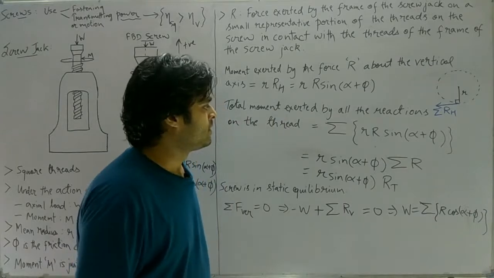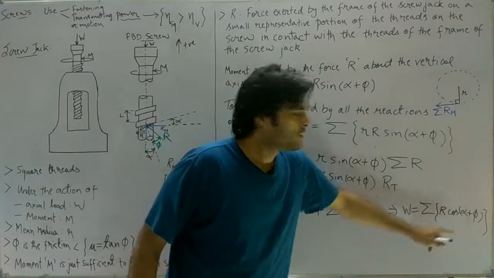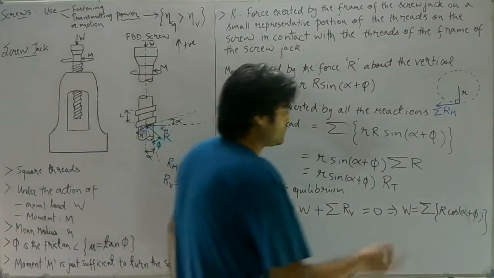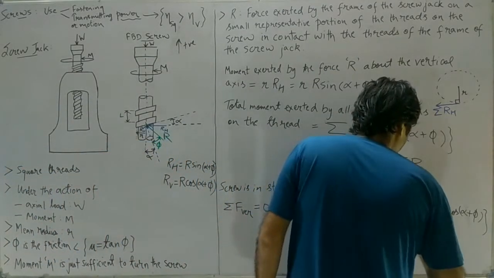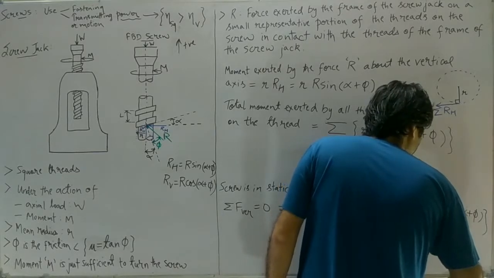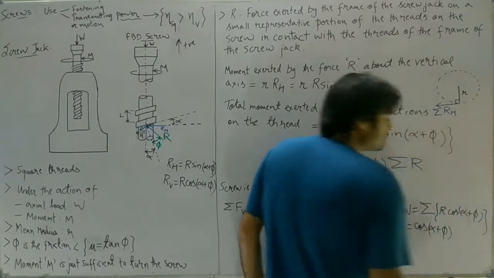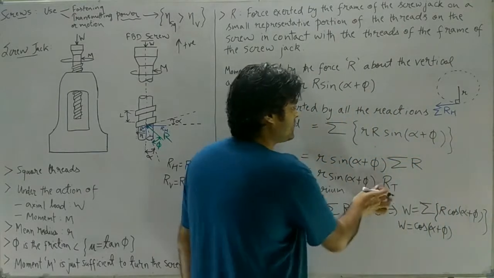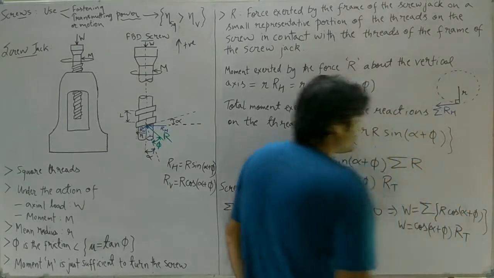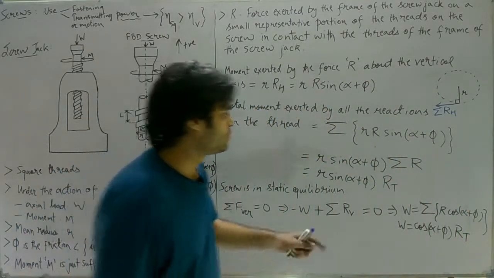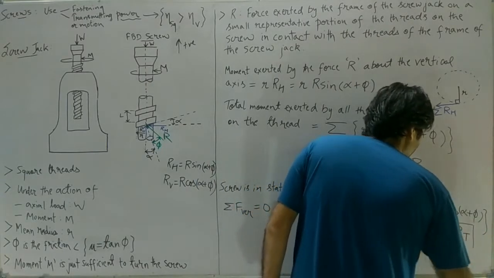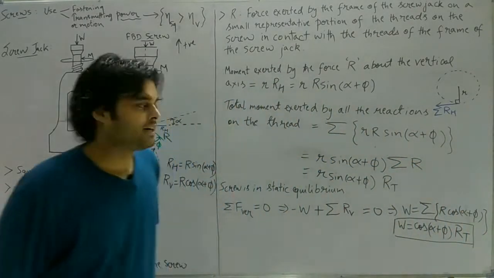Now we know that cos(alpha plus phi) will appear in every term, so that comes out, so W comes out to be cos(alpha plus phi) into the summation of R. Summation R we have written as RT. So W comes out to be cos(alpha plus phi) into RT.